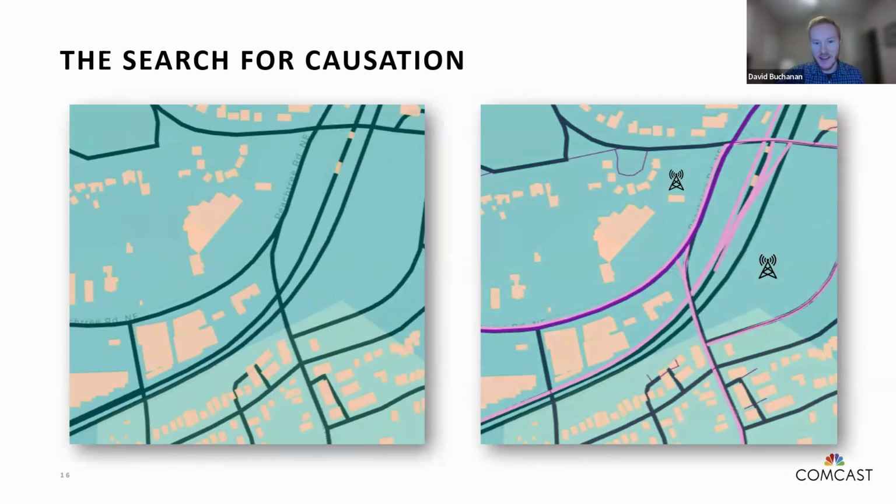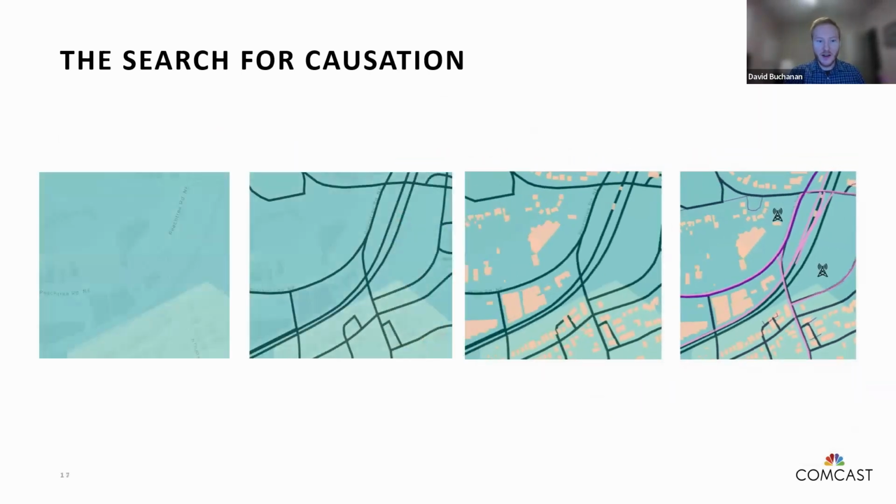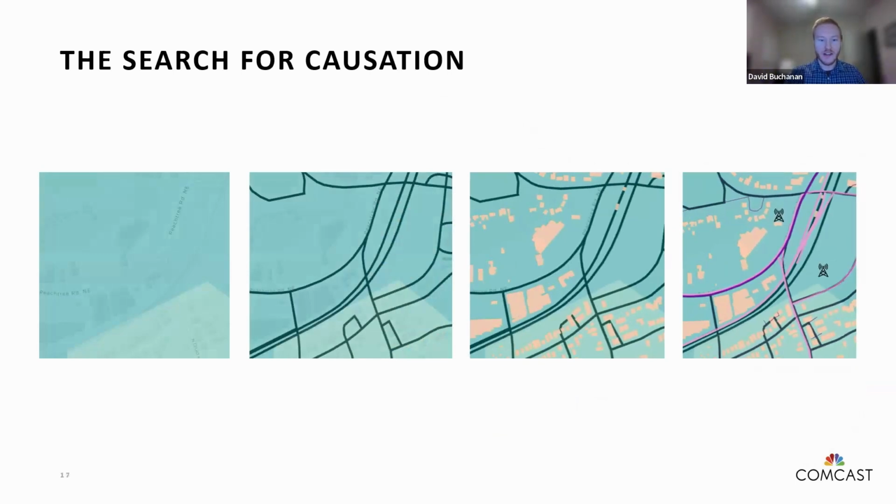Once you add all these different layers on top of each other, you get that picture, and you're able to answer a lot more questions, or at least get a lot closer to the cause. Maybe you don't find causation. Causation is really hard to find, but you get really high correlation.